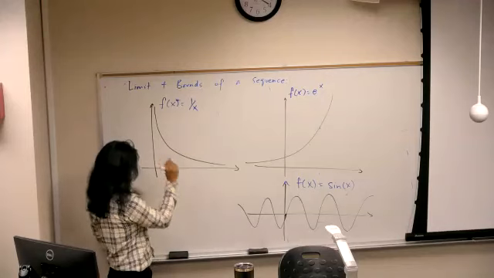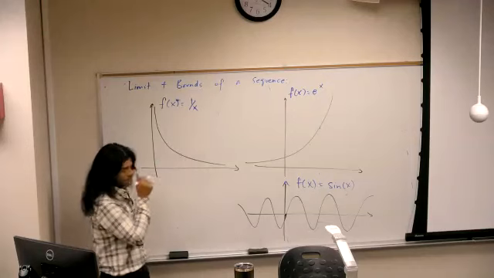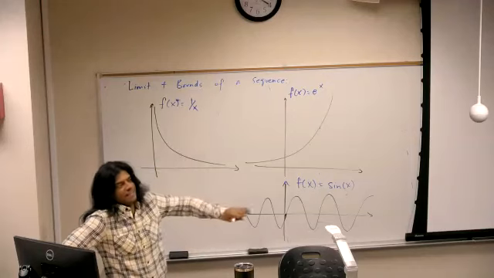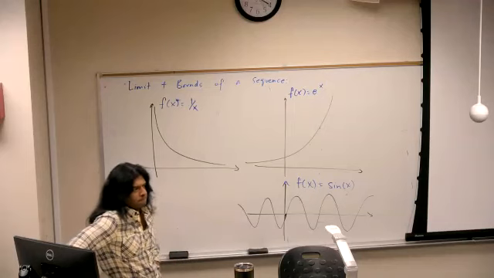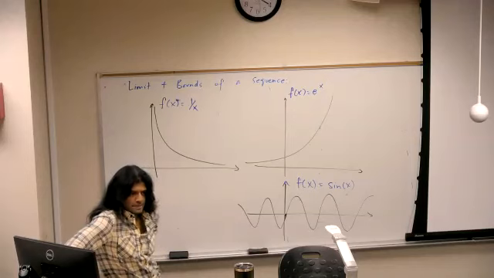So n equals 1 would mean this function will give me a value of, let's start with x equal to 1. If x is equal to 1, what would the value of the function be?